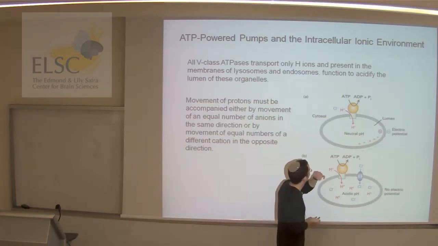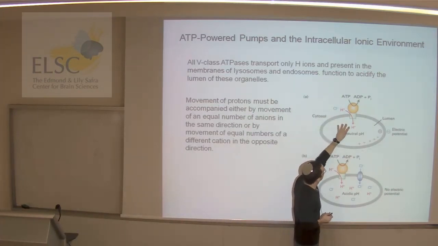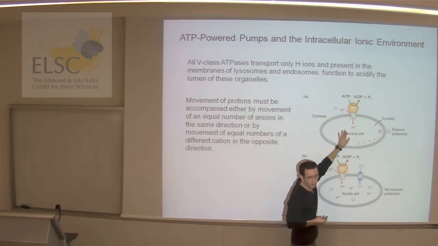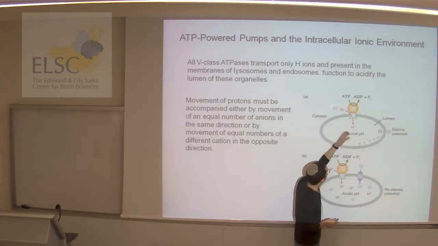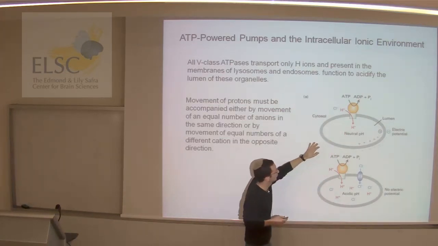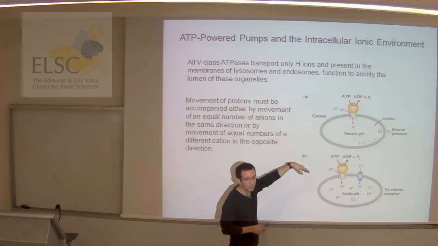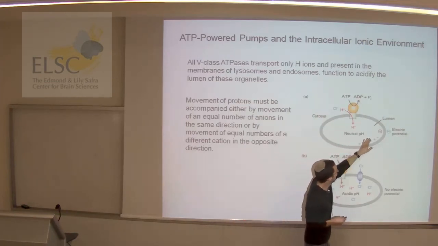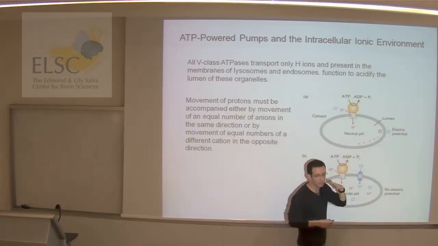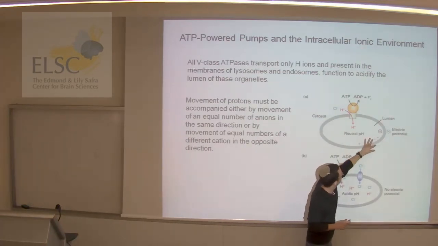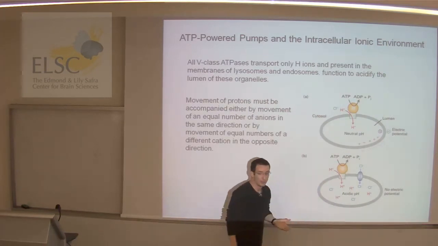Okay, and the thing is this: if this pump would start to transport protons into the lumen of the endosome, then after transport of only a couple of protons, there would already be a buildup of a very large electrical gradient right here, because each proton carries with it a positive charge, which will effectively leave us with a delta negative charge on the outside, and an electric potential will be formed very rapidly.